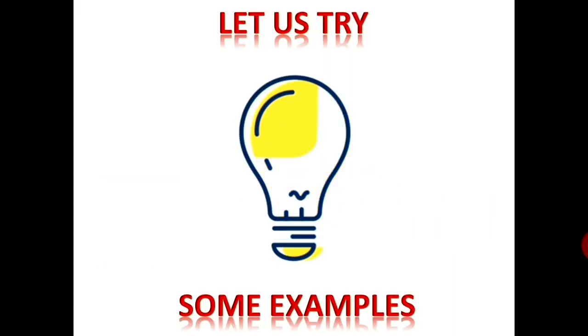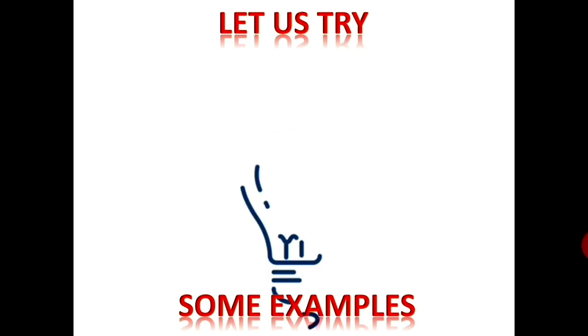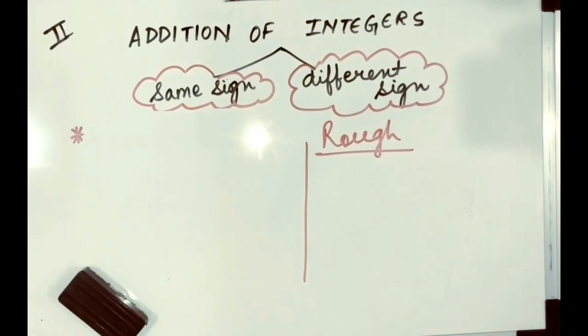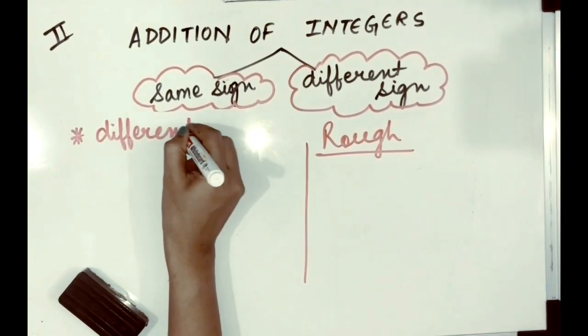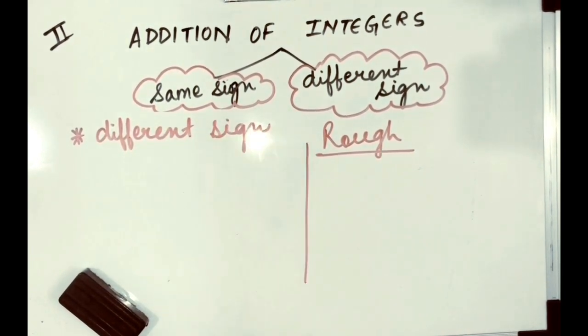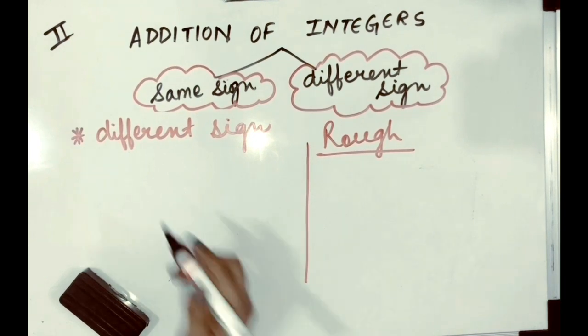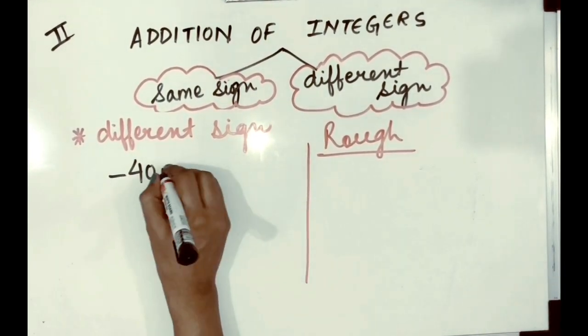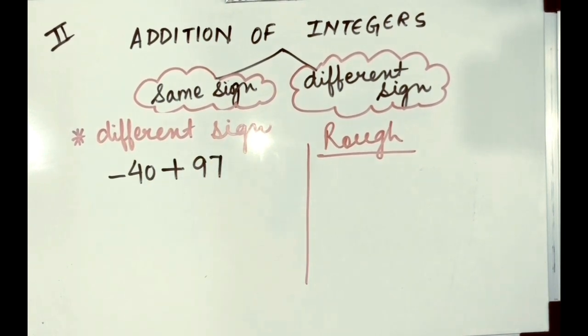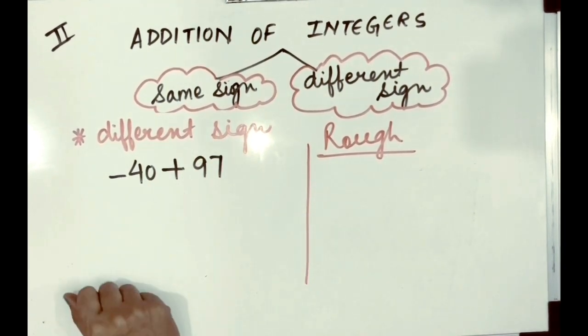Now again let us try some examples. When the signs are different. Let us take an example. -40 plus 97. You can see both the signs are different.